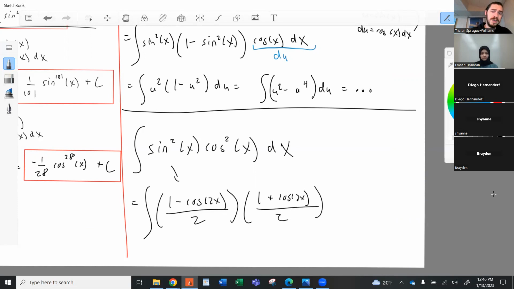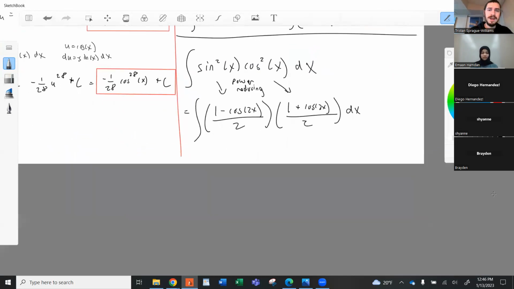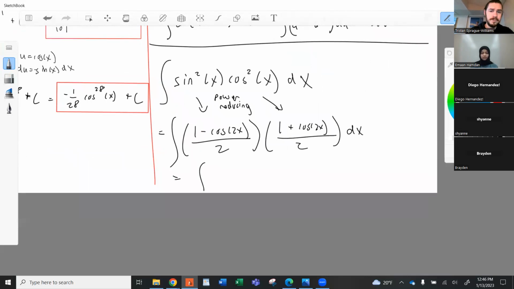We're just power reducing again, and multiplying that out, we get a fourth again, and then we have 1. Since this is minus and this is plus, we actually have some canceling of terms in the middle there. We just get 1 minus cosine squared 2x. And here again, we're just going to need to power reduce again.